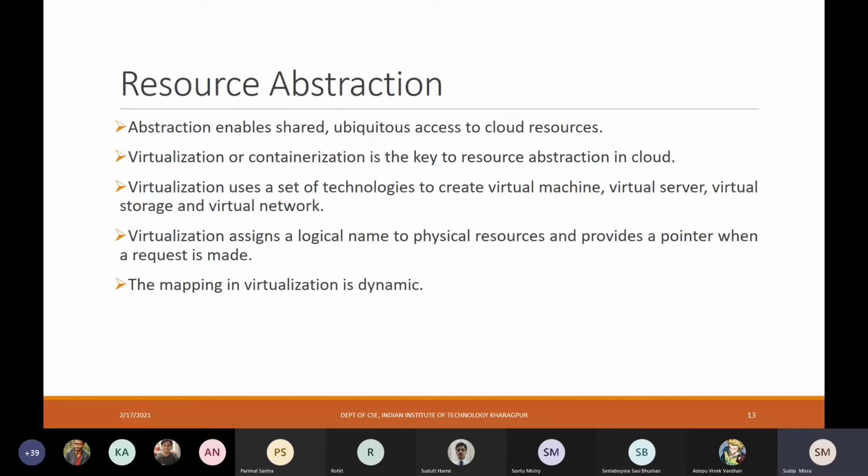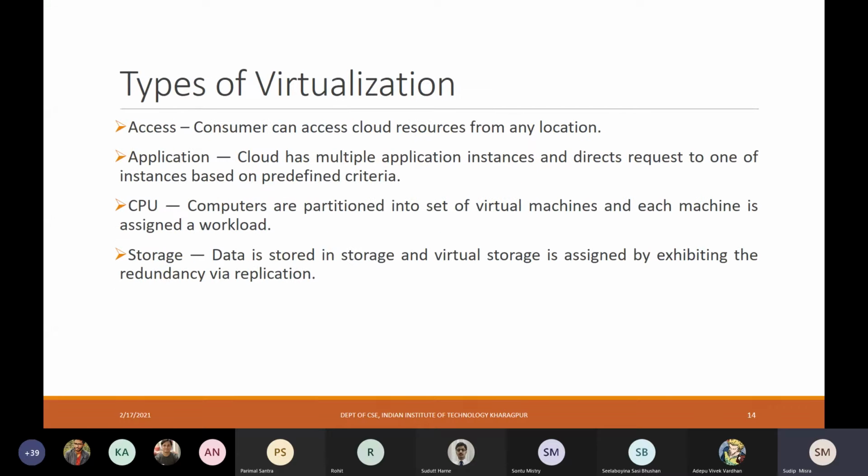It is possible because of dynamic provisioning, expansion and reduction of these resources, and that is possible through the process of virtualization. Whenever there is a requirement for more resources, one gets more, and whenever the requirement reduces, these resources are released. That is the concept of resource abstraction, which is made possible through virtualization technology.